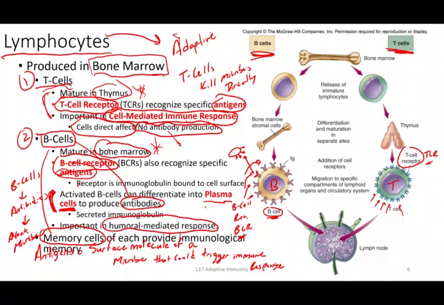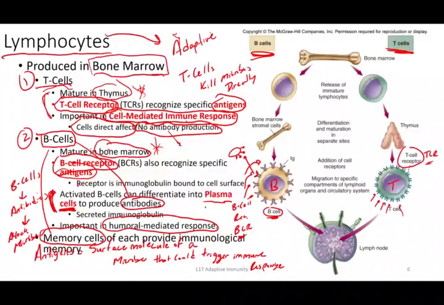If T cells and B cells are activated because their unique receptor interacts with a specific antigen, then during that activation they can generate what are called memory cells that provide that immunological memory, as we talked about.